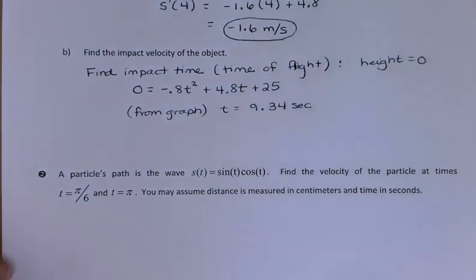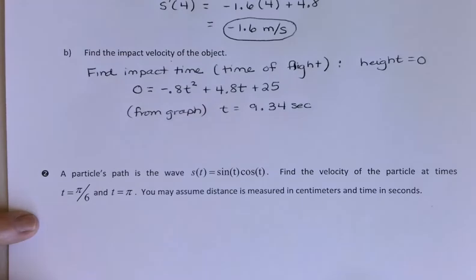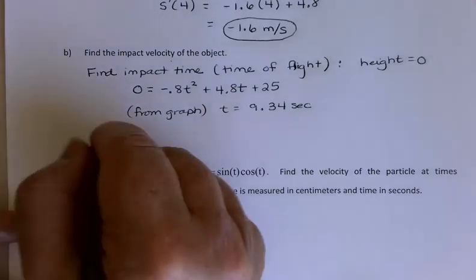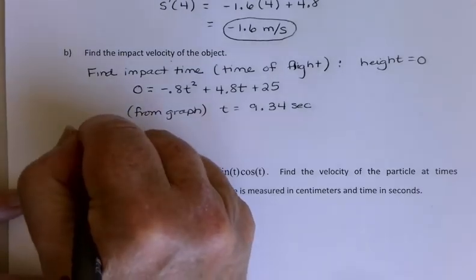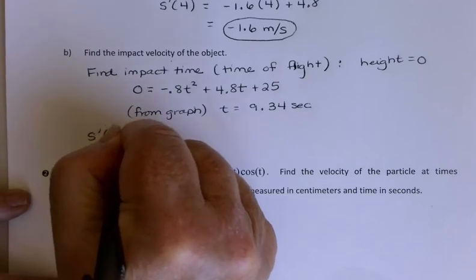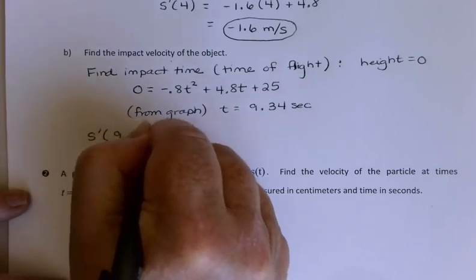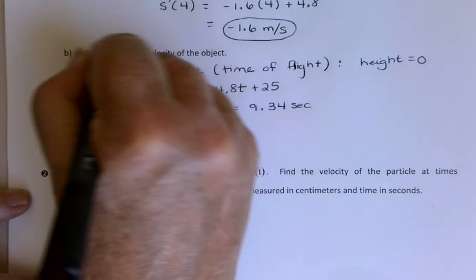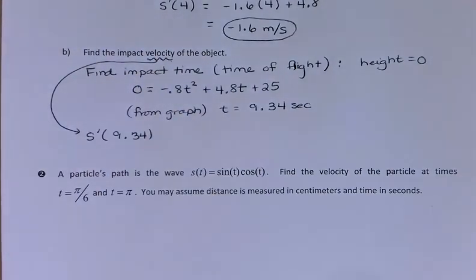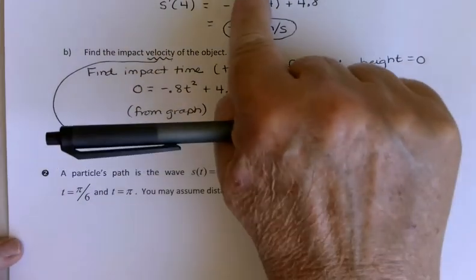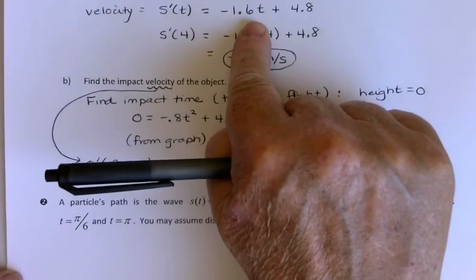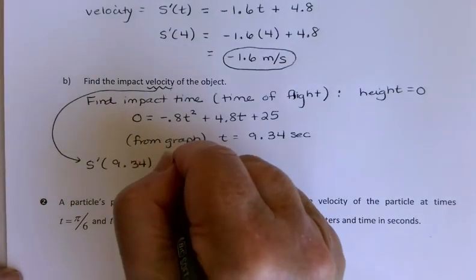All right, I now want the velocity at that time when it strikes the ground. So I'm going to say, let's take s prime of 9.34. Again, velocity being the derivative. So I'm going to go back up here to my s prime equation and just plug in 9.34.